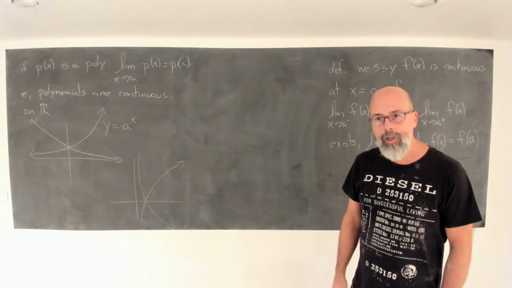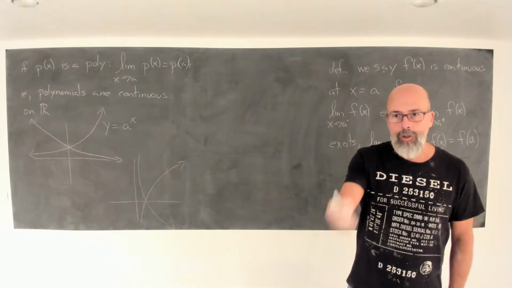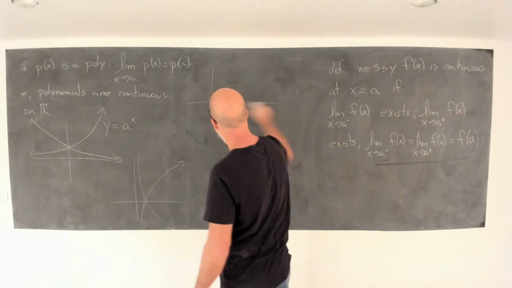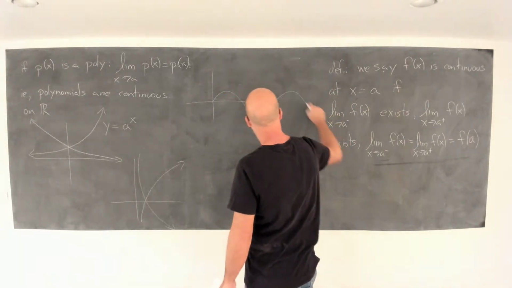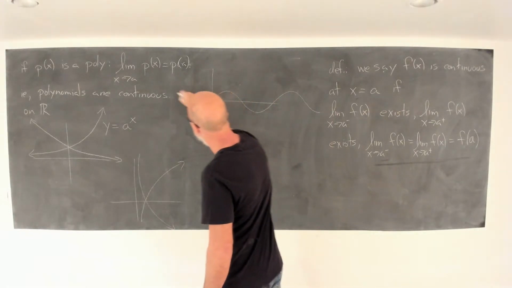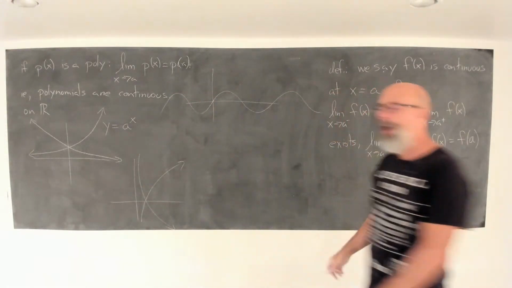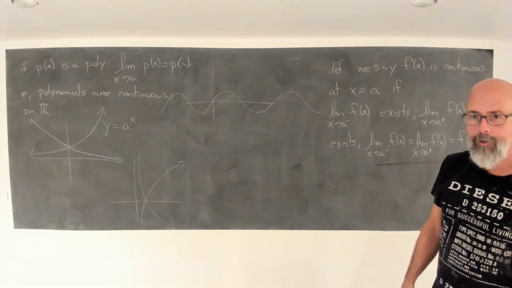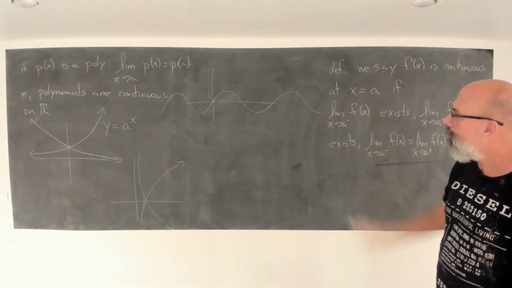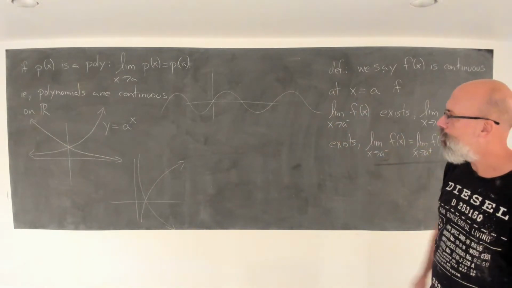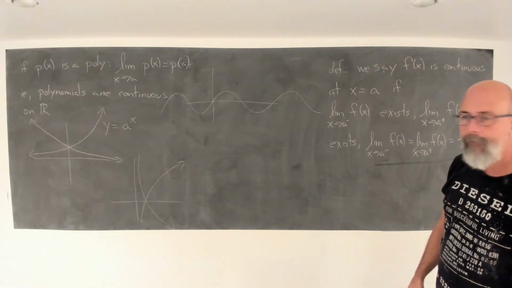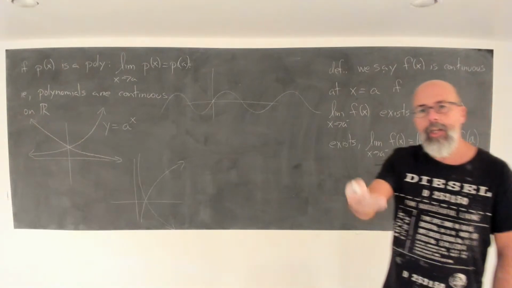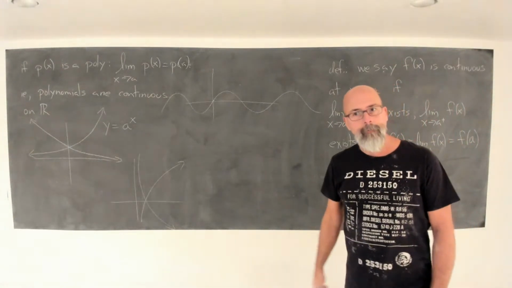Logarithms are continuous. Trig functions, you know the graph of sine and cos. You can graph it without lifting the pencil from the paper. Sine is continuous. Same with cosine, because it's just the sine function shifted. Tangent, and so on in their domain.